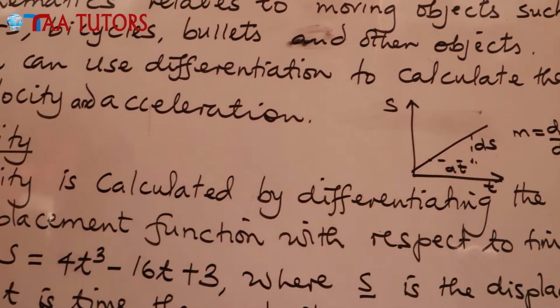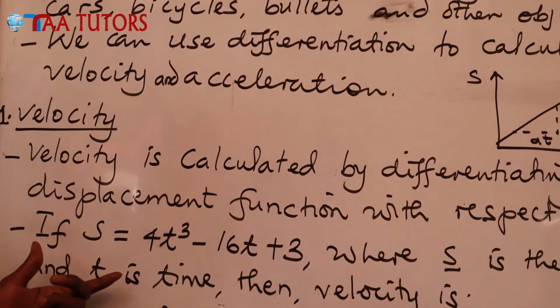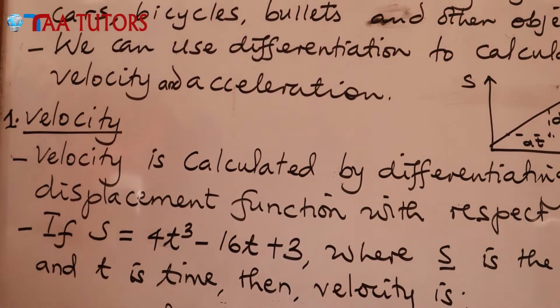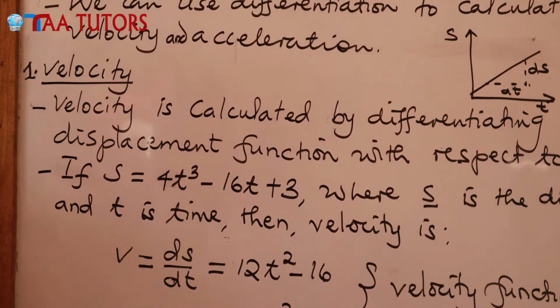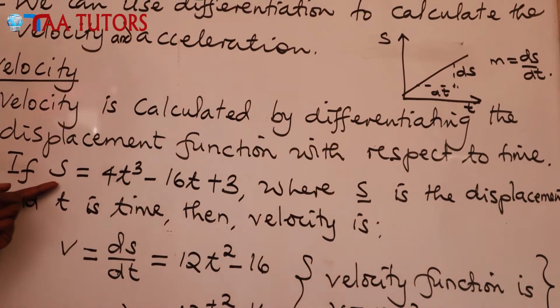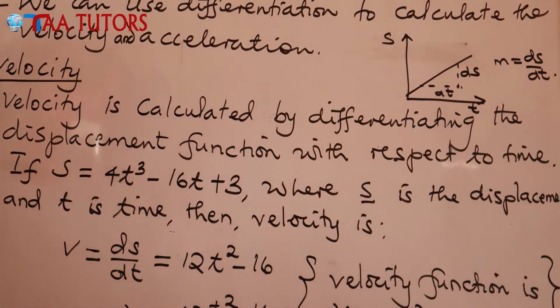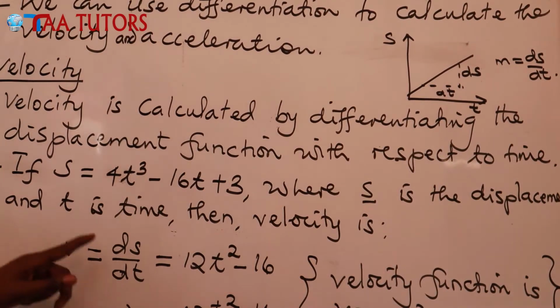Now, in differentiation, we don't have to have graphs every time. For example, we can have a displacement s equals 4t cubed minus 16t plus 3, where s is displacement and t is our time.